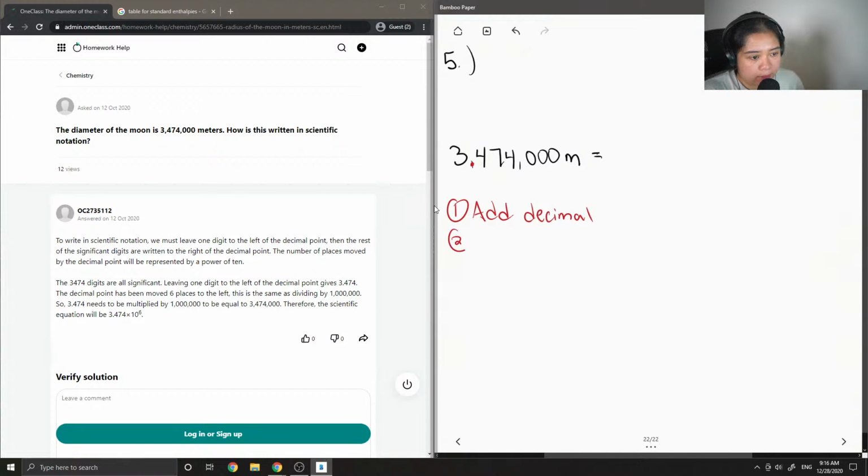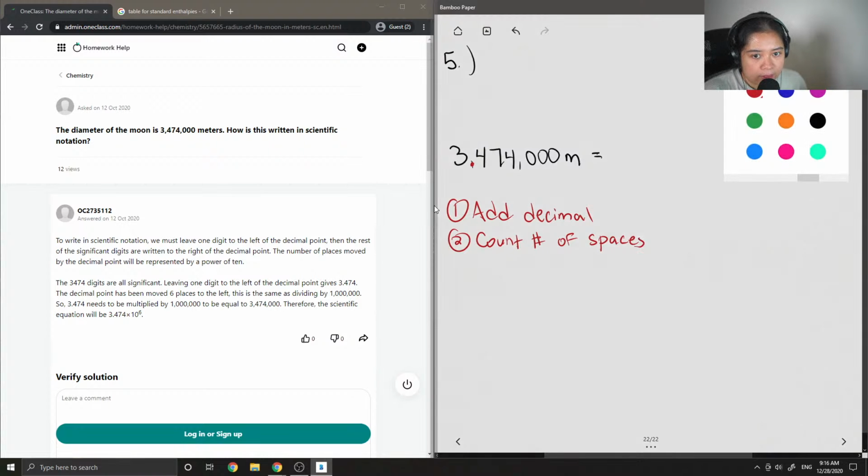And then I like to count how many spaces it needs to jump to move to the end of our value. So count the number of spaces. In the case of this number, starting from in between the 3 and the 4, I'm going to count 1, 2, 3, 4, 5, 6.